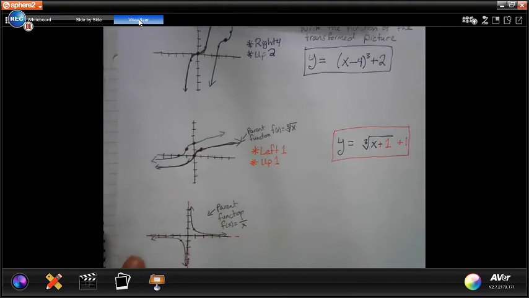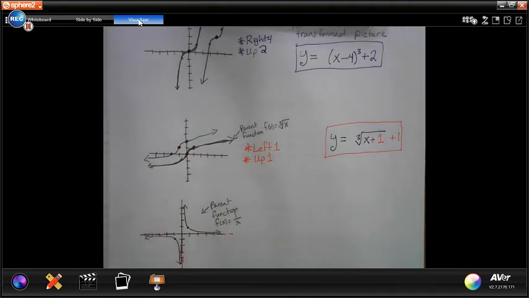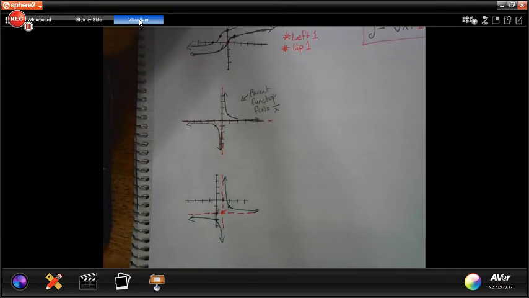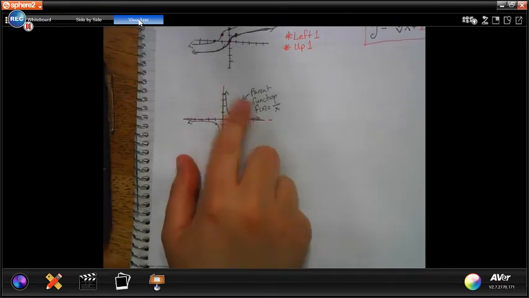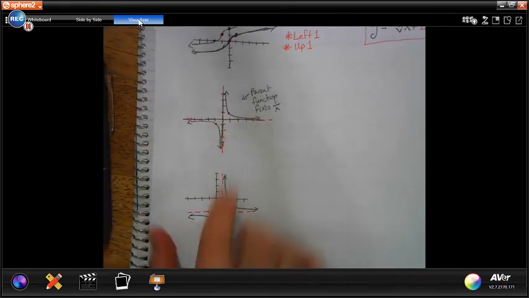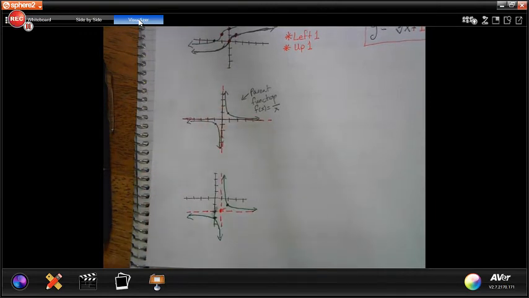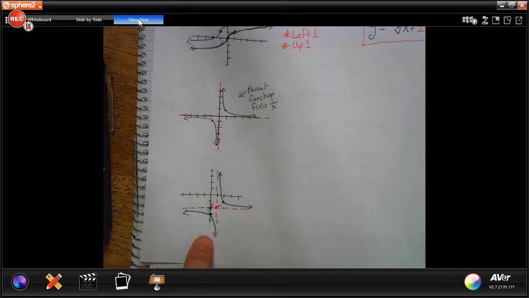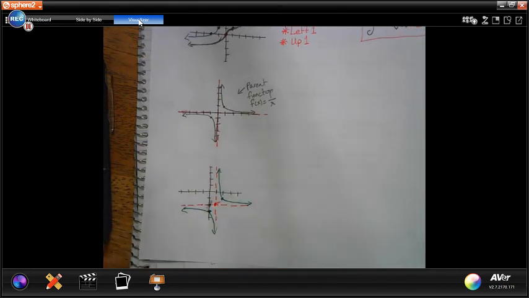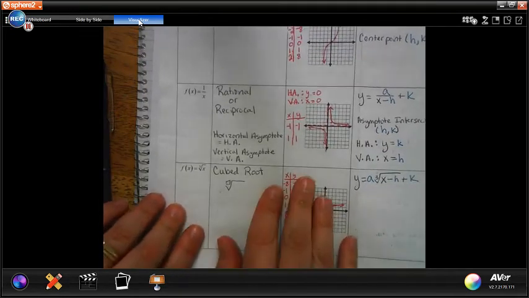Okay, the next one, you can see the parent function, but I need to move this down. Because the graph is so big, I could not put the child graph on the same one. It's too much to draw on one graph. So I put the child function down here. This is called the rational or reciprocal, depending on what video you're watching.